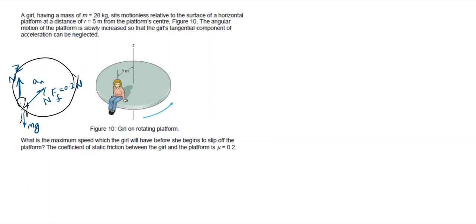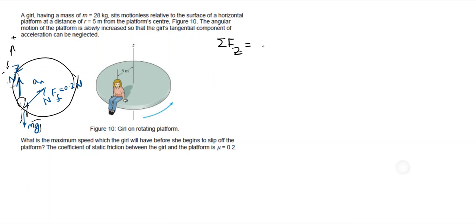To solve this problem, I start with the sum of the forces in the z direction. In the z direction, we have mg and N. They are in opposite directions, so I take upward as positive and downward as negative.